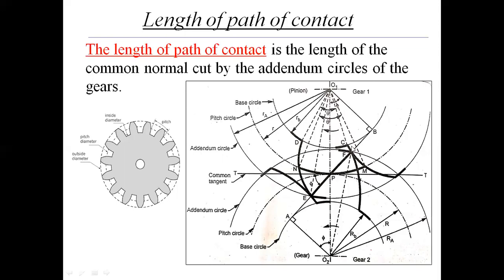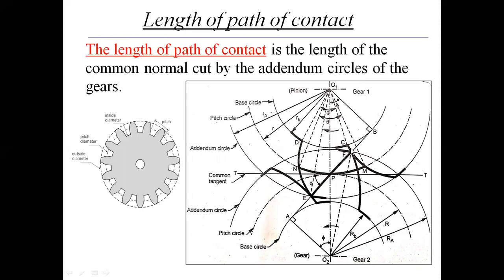Here in this figure we can see the profile of the pinion, the smaller gear, and this is the profile of the larger gear, and F is the point of contact of both the teeth. After some rotation, when gear 1, that is nothing but the pinion, is rotating in clockwise direction, at the same time the gear will rotate in anti-clockwise direction.